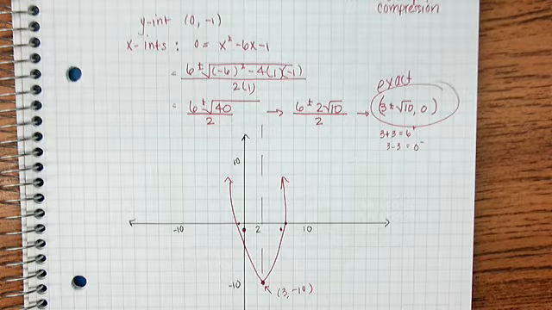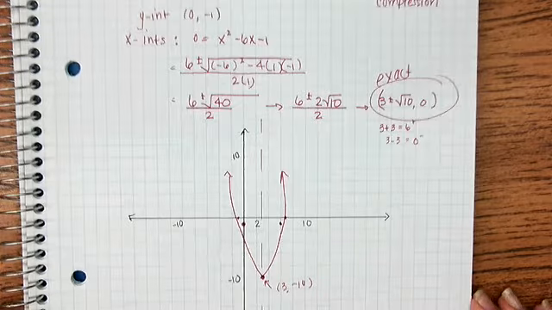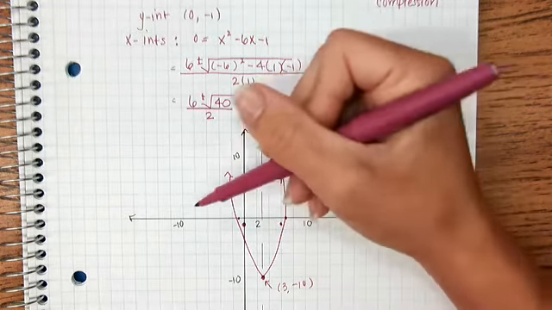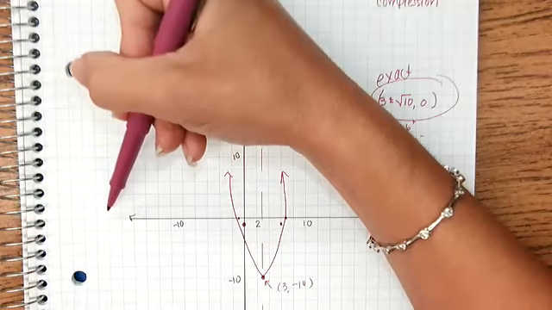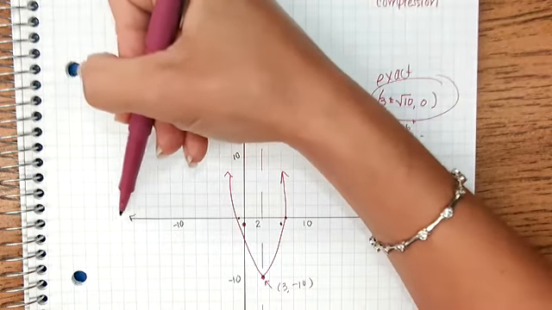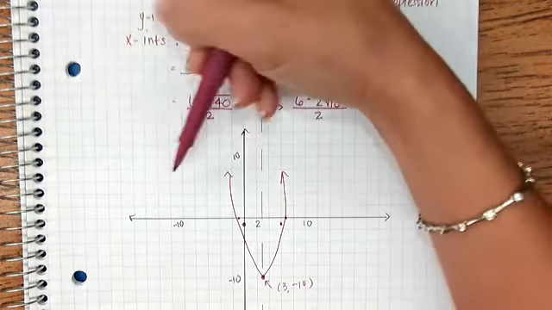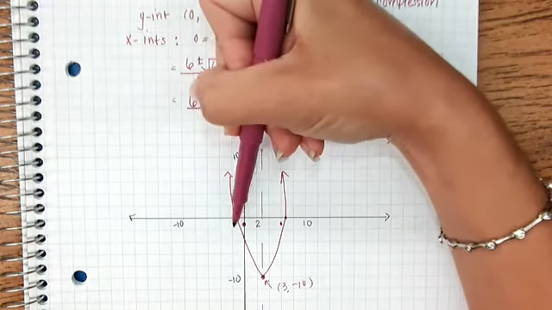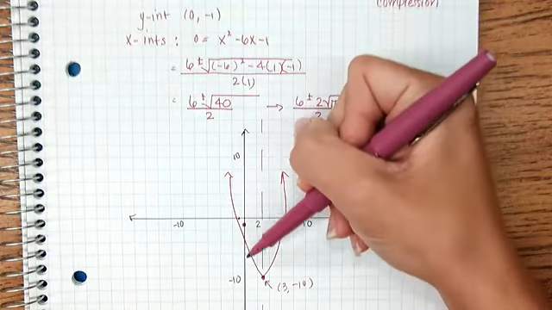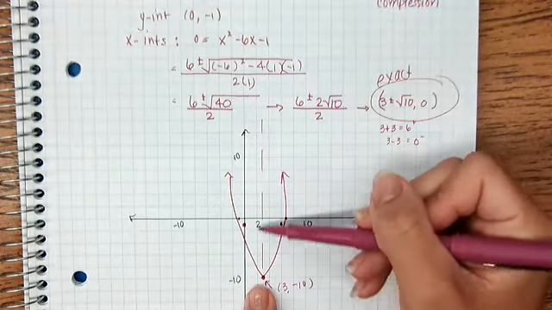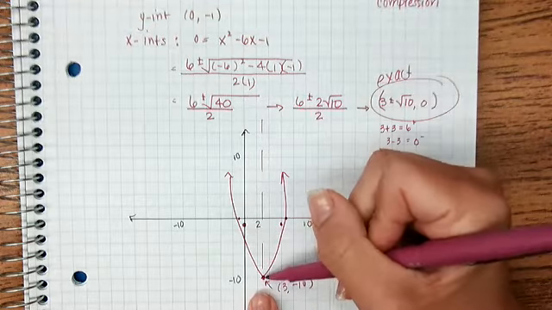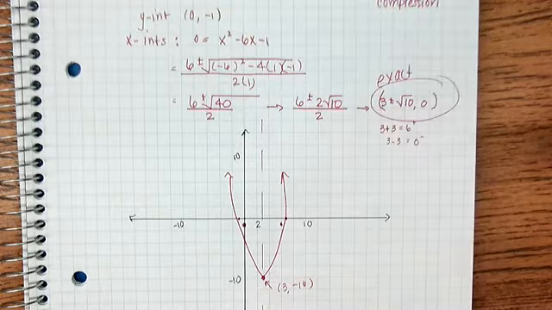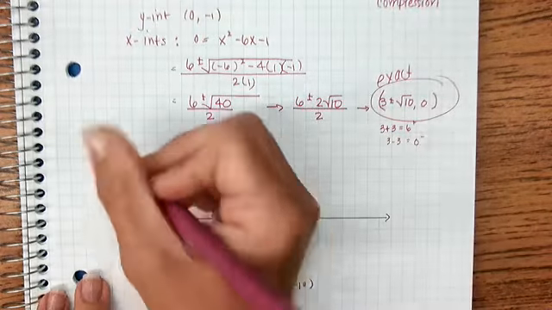All right, where is the graph increasing and where is it decreasing? The vertex is by far the most important point. So the graph is decreasing from -infinity, technically the parabola is up here somewhere, we just don't have it drawn. I'm sliding down this parabola until I get to an x value of 3, and then I'm sliding up the parabola, so I'm increasing beginning at the x value of 3 until infinity.